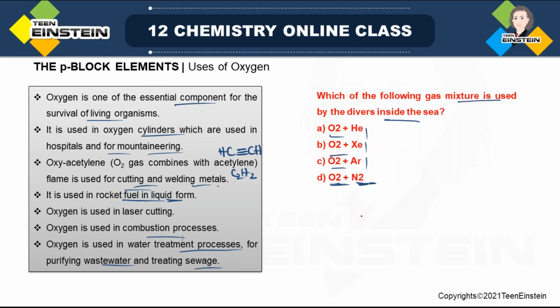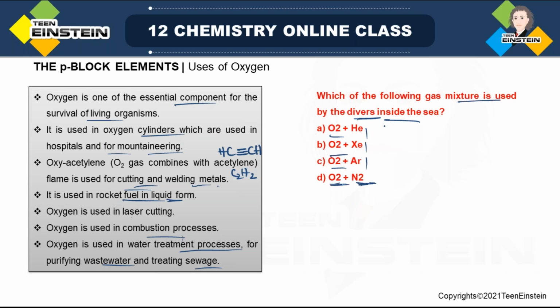Nitrogen under high pressure, because when we are talking about diving in deep water, there will be very high pressure, and because of this high pressure, the solubility of nitrogen gas in blood will increase. This is not very good for the divers, because now there will be nitrogen narcosis, which is a specific problem that will arise, with some symptoms.